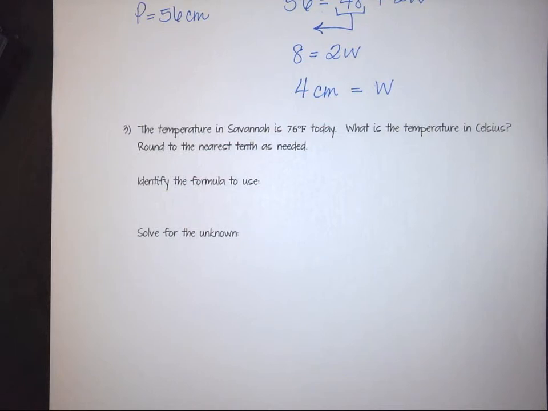And we have to round to the nearest tenth. So in order to answer that, again, we have to remember how to find transfers between Celsius and Fahrenheit. And so we need to go back to the formula that we had.